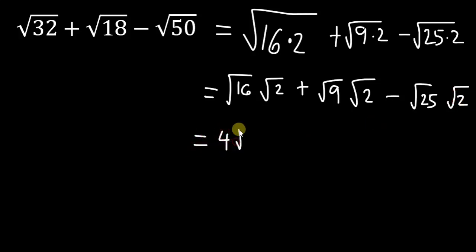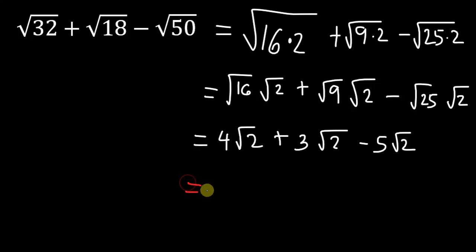Square root of 2 plus square root ng 9, that is 3. Square root of 2. Minus square root of 25, that is 5. Square root of 2. So, pwede nating pag-addin silang lahat. So, that is equal to 4 plus 3, that is 7. And 7 minus 5 is 2. So, that is 2. Copy square root of 2.